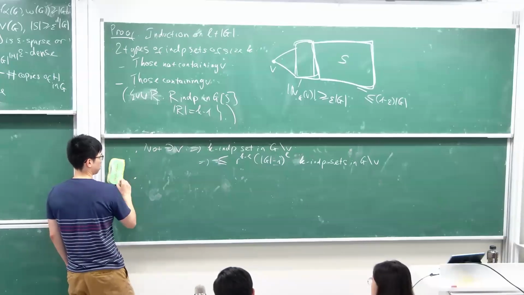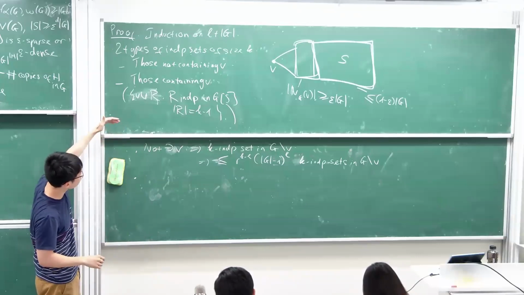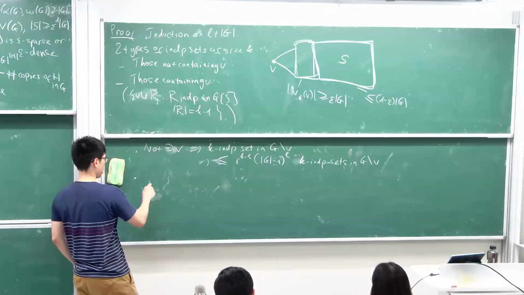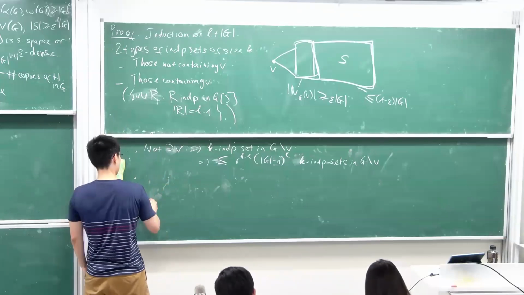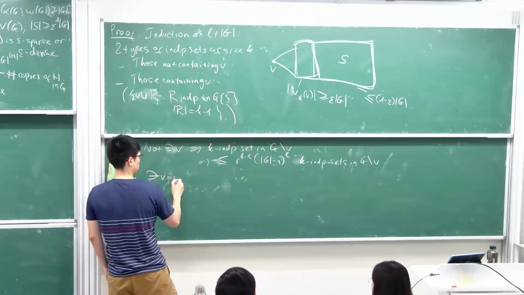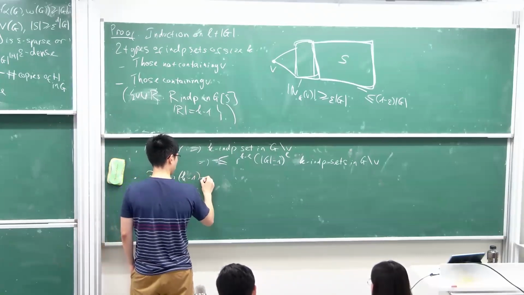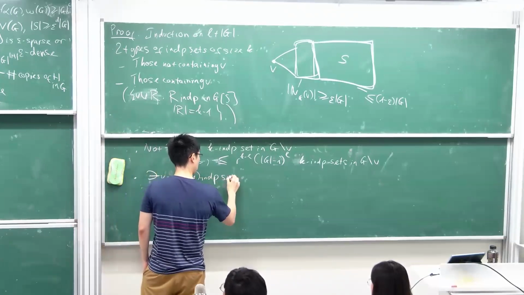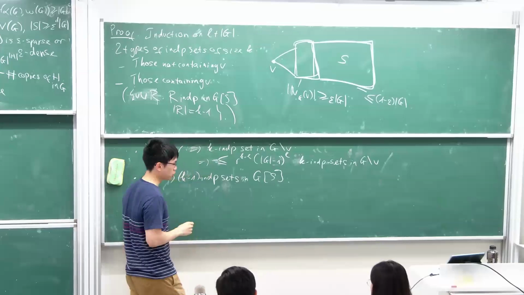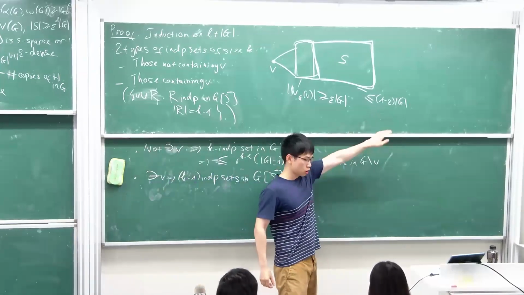Now for the second type, as we discussed, containing V means you can reduce it to G restricted on S, and so containing V gives us K independent sets in G restricted on S. The point here is now we know that S has size at most this.